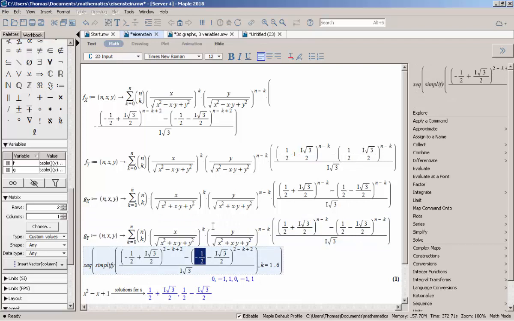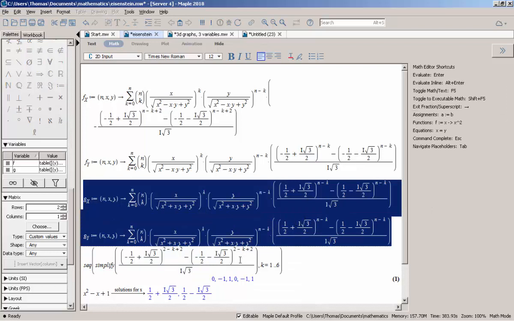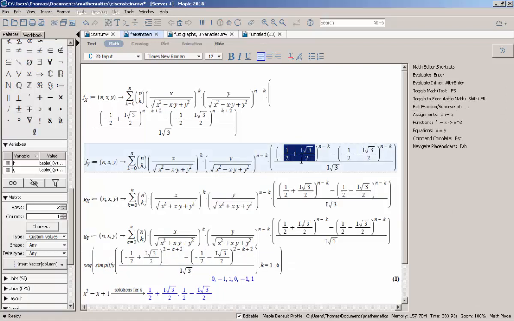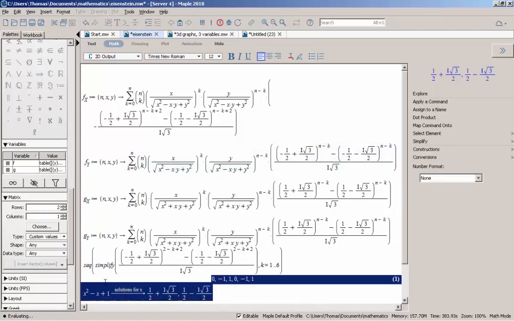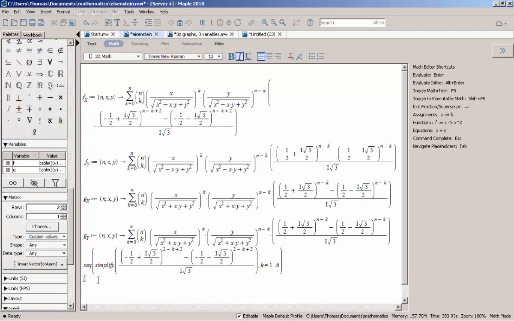Or this one, that's for the g functions. And that's a different solution. I don't think it matters. I don't need to talk about that. I did a paper on that, but it's not really needed here.